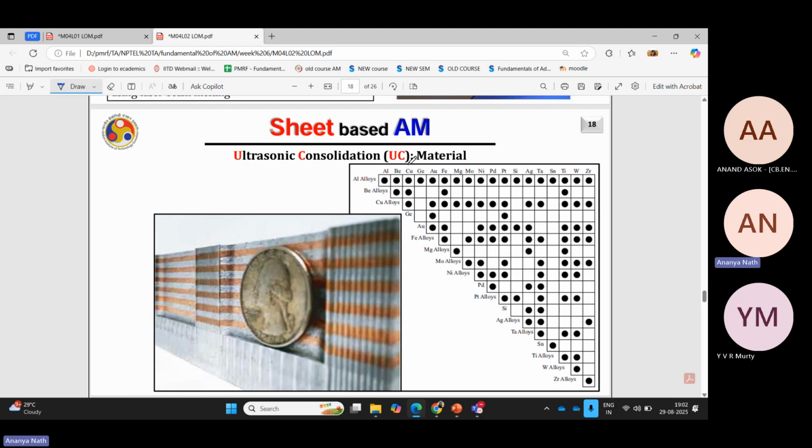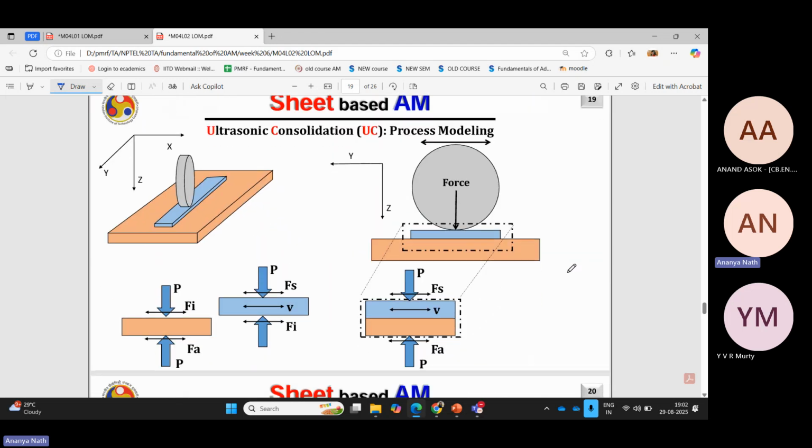Then copper alloys were joined with gold, iron, magnesium, molybdenum, tin, everything. Okay. So nickel, platinum, silicon. These are the black dots you can see, which were found as proof of this process, that ultrasonic consolidation can actually join all types of dissimilar metals together.